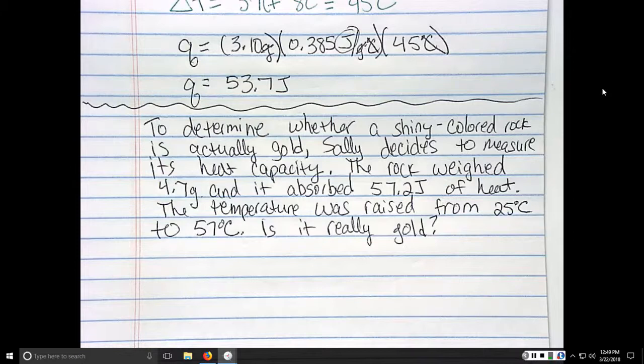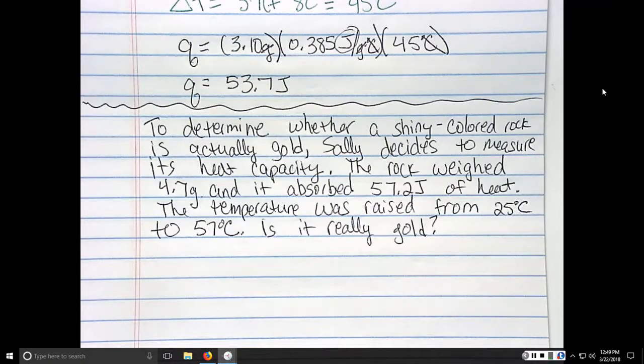Why? Because it says it right there in the first sentence. So you were told that she weighed it and measured how much heat it absorbed. And you knew the change in temperatures. And I want to know if it's actually gold. So what are you going to have to do to figure out if it's actually gold?